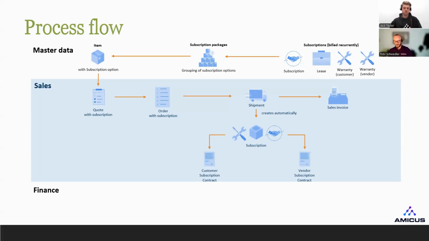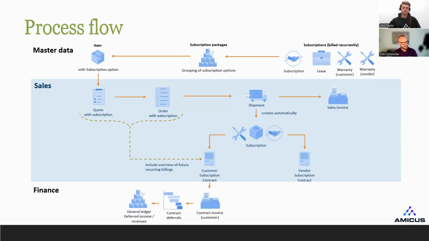And then you can just bring them into the contract, and then use this billing template to create the invoices, either customer side or vendor side. Deferrals are created automatically along the way, and there's a job that releases these deferrals regularly.